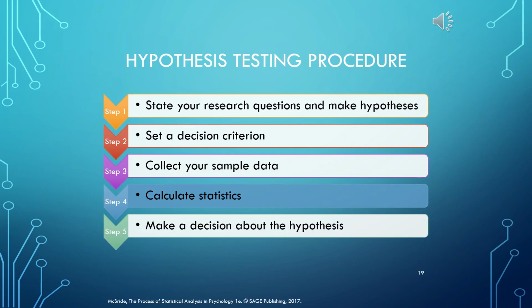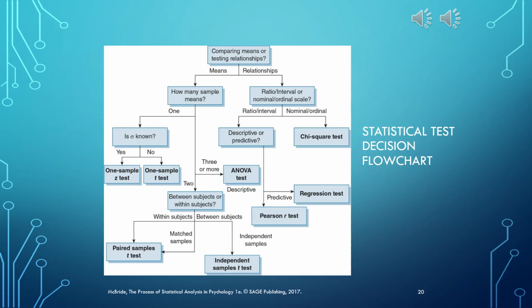So let's see what kinds of inferential statistics we are calculating to actually be able to test these hypotheses that we've made. Well, how do I know which test to actually use? There's a ton of different kinds of statistical tests, and they create different kinds of inferential statistics. Well, it all depends on the nature of your data and the types of hypotheses and research questions that you're actually asking.